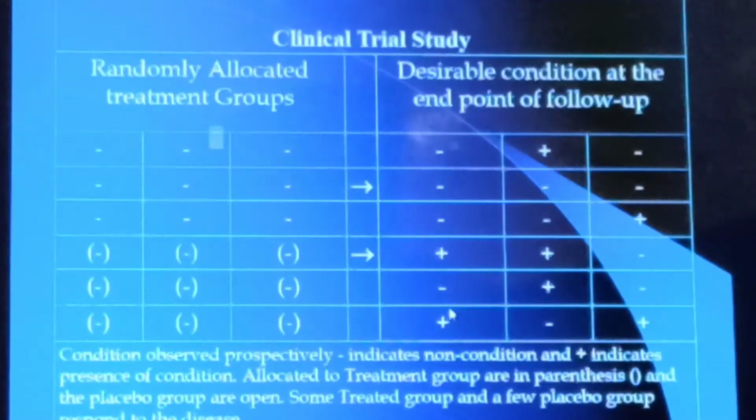Now we'll go to each design and see how it looks pictorially. In a clinical trial, take the aspirin trial we mentioned. A group of women are given aspirin and another group is given placebo, and we follow them up. One important thing here is how a particular woman got aspirin or placebo.